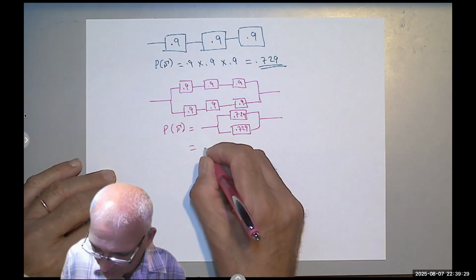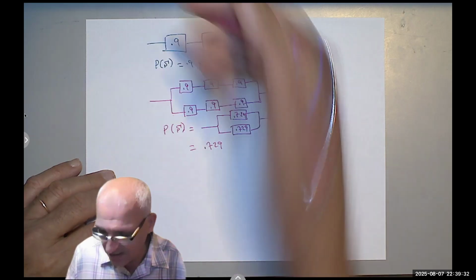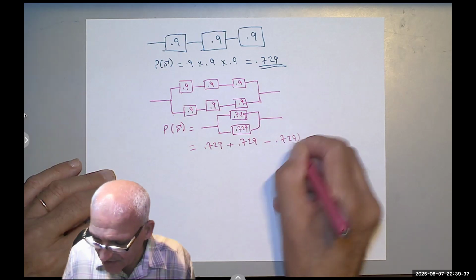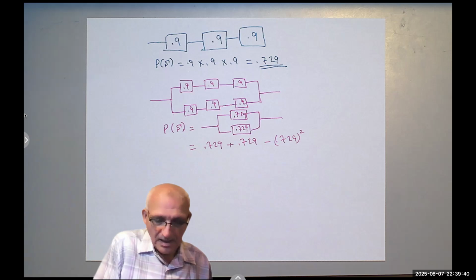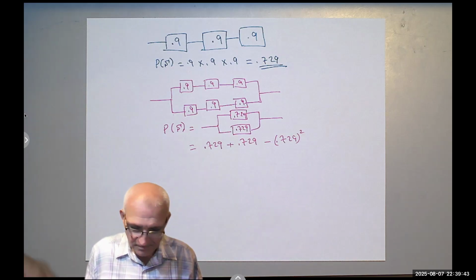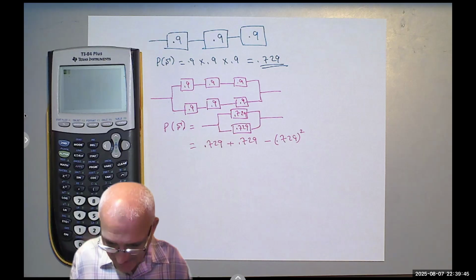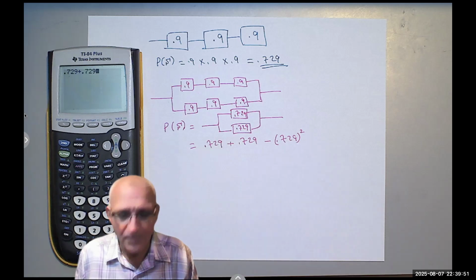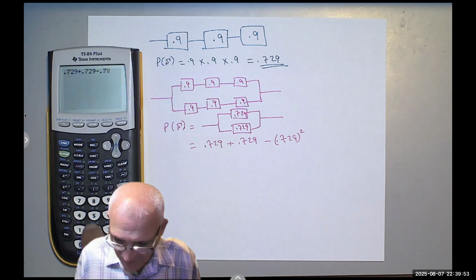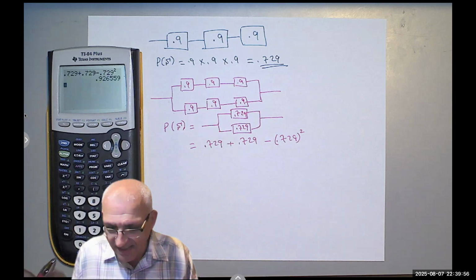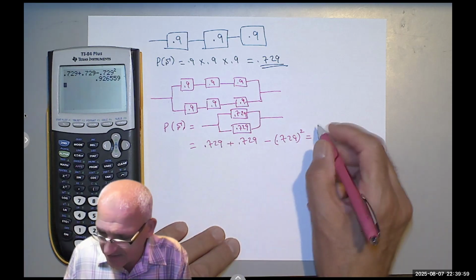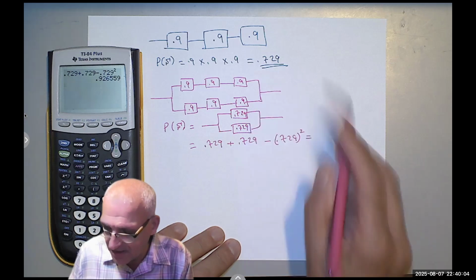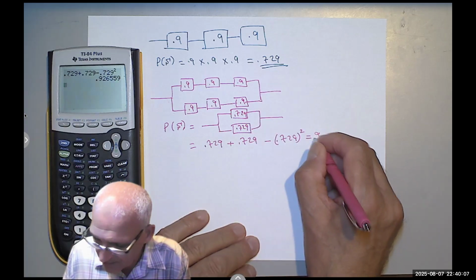That would be the probability of A plus the probability of B minus the probability of A times the probability of B. And we do this: 0.729 plus 0.729. Already we exceeded 100%, so it's impossible, right? But when we say minus 0.729 squared, I get roughly 92.7. So the backup system increased my reliability from 73 to 92 and a half.